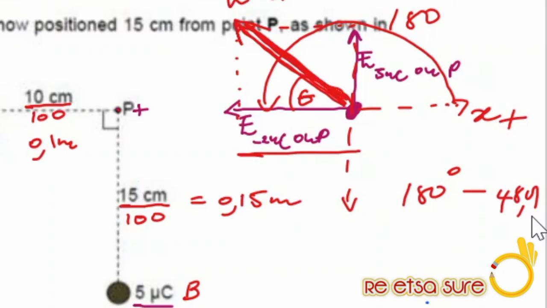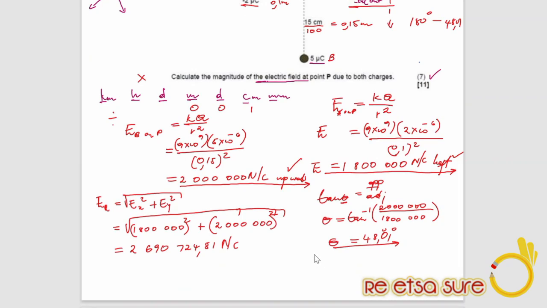Our theta is something like 131.99 degrees.